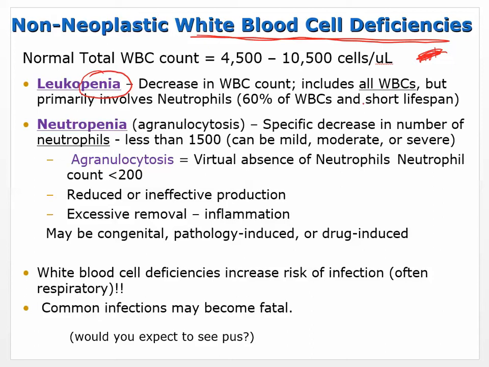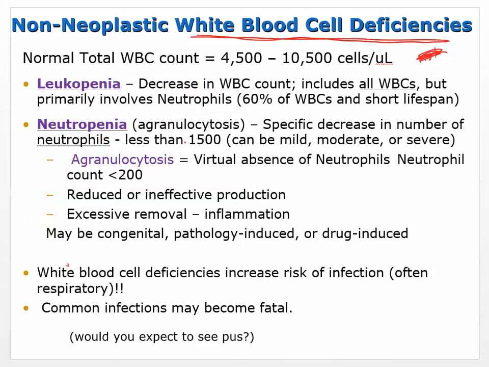It includes all white blood cells, but primarily will involve neutrophils, since most of the white blood cells that you make are neutrophils. If you have a white blood cell deficiency, you're going to have an increased risk of infection. That's a very important concept that hopefully you understand, because white blood cells are our immune system.